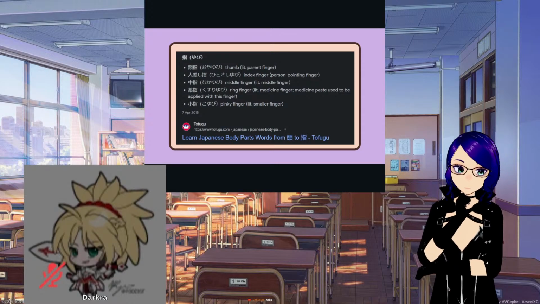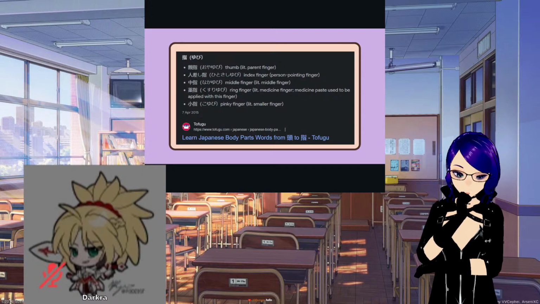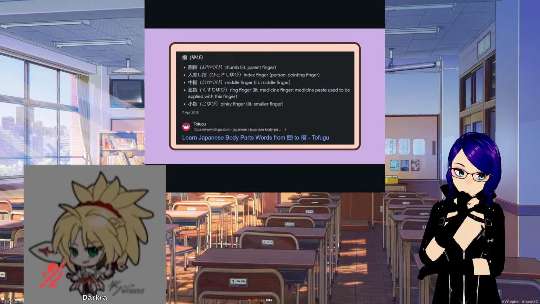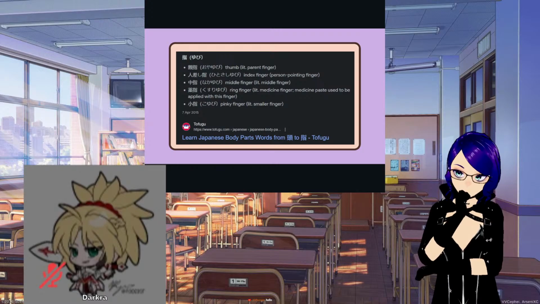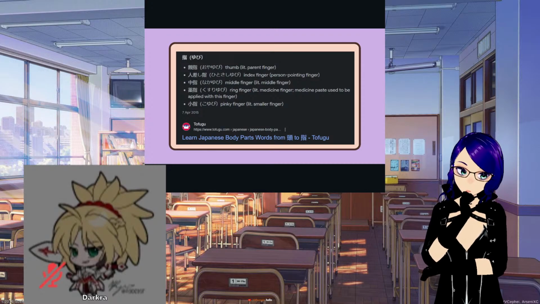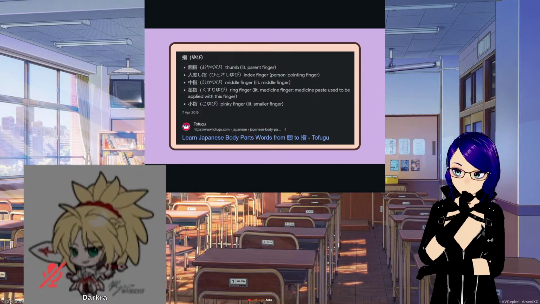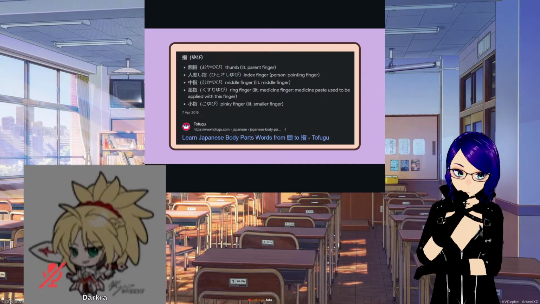And then the ring finger. In Japan, they don't have the habit of wearing rings on this finger, but what they do as a practice is to apply medicine in the ancient past using this finger. So for some reason, right? So this now becomes a medicine applying finger, and medicine in Japanese is actually kusuri.